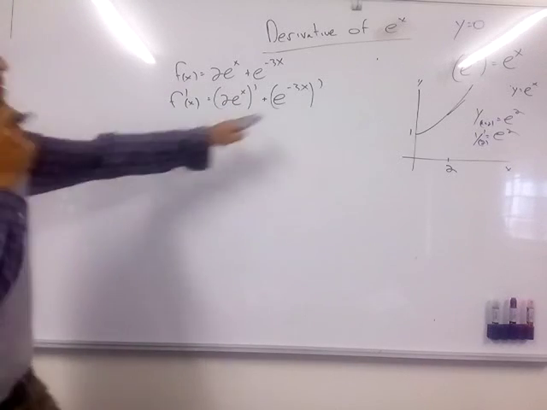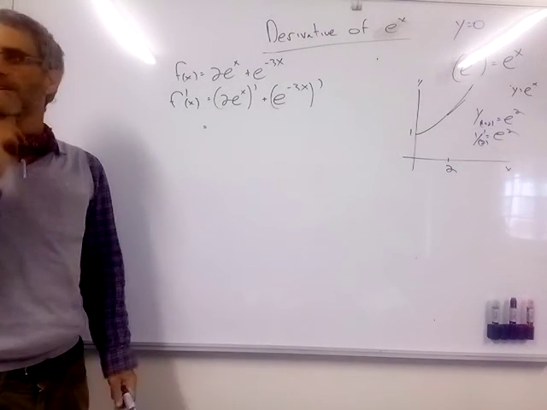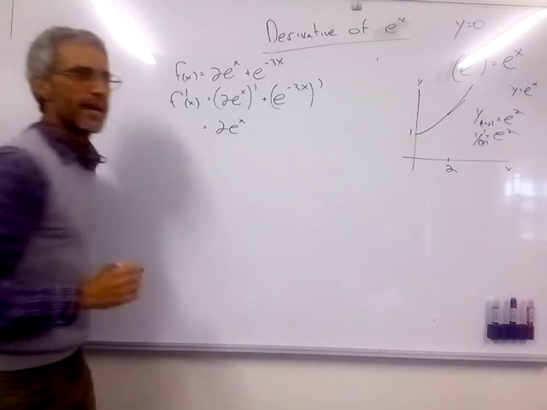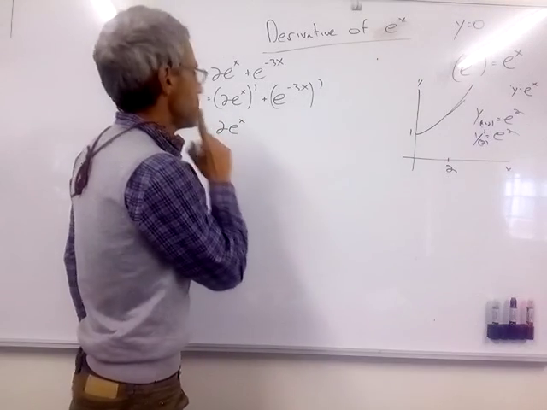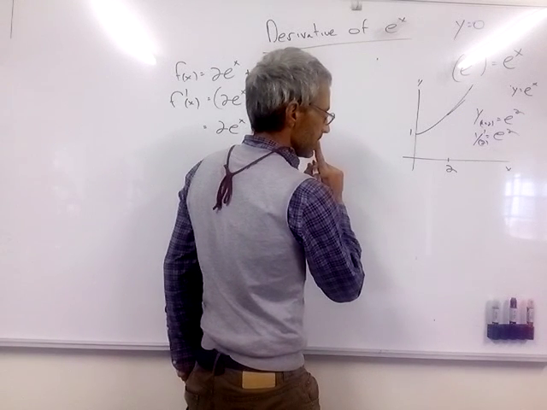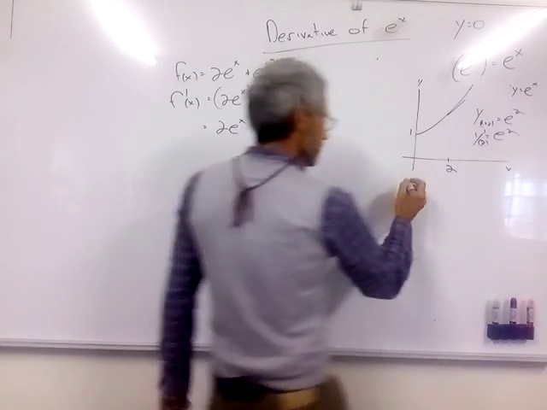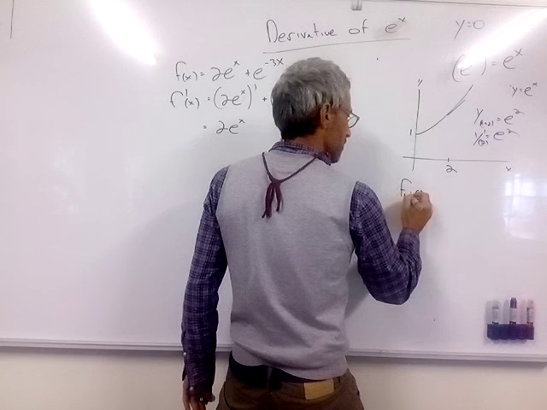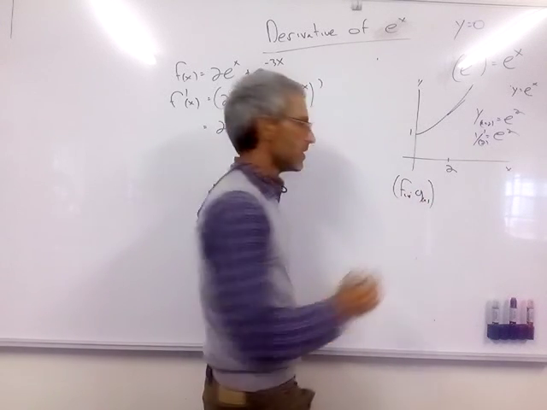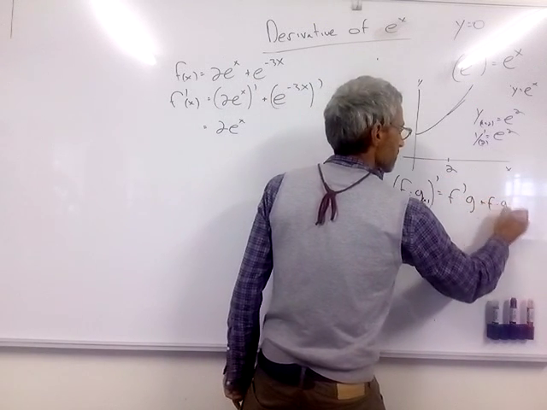If the derivative of e to the power of x is e to the power of x, what will be the derivative of 2 times e to the power of x? And why is that? Because we've got a rule. You guys guessed, but I don't know if you really thought it through. The rule is if I have f times g, two functions of x, and I want to find the derivative, then I must do the derivative of f times g plus f times the derivative of g.